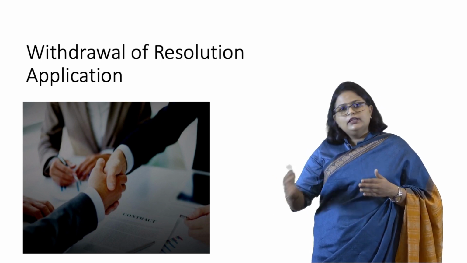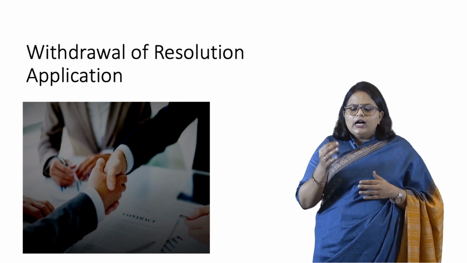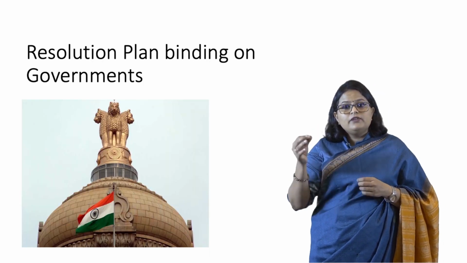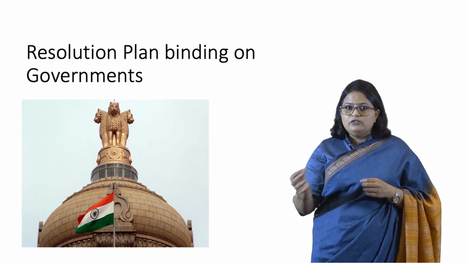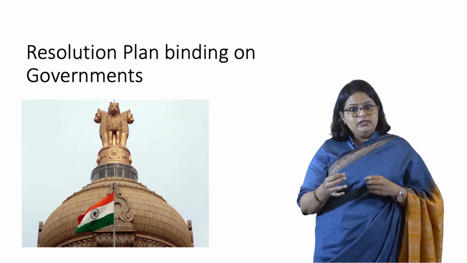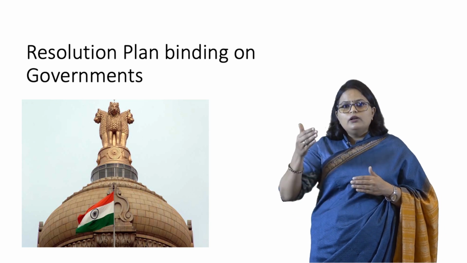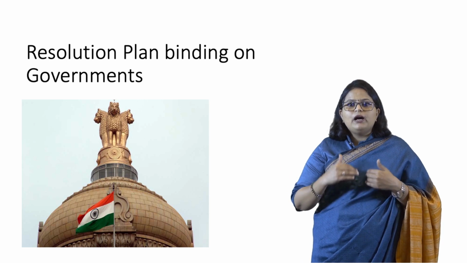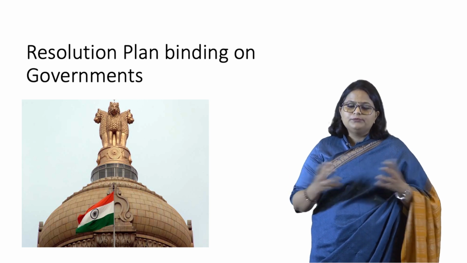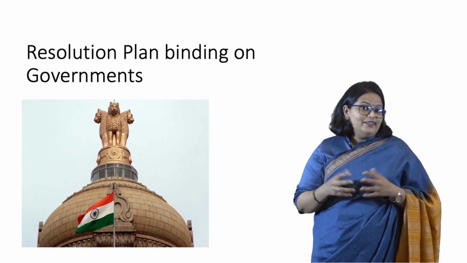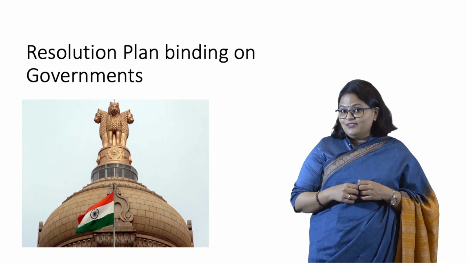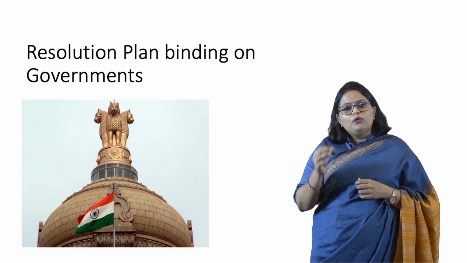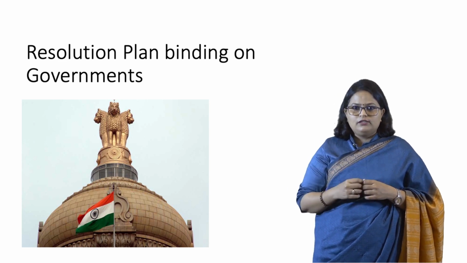Another key amendment is to specify that the bankruptcy resolution or liquidation arrived at under IBC is binding on central, state and local governments to whom the bankrupt firm may owe dues. This will prevent authorities, including income tax officials, from questioning a rescue plan adopted in a court-monitored process.